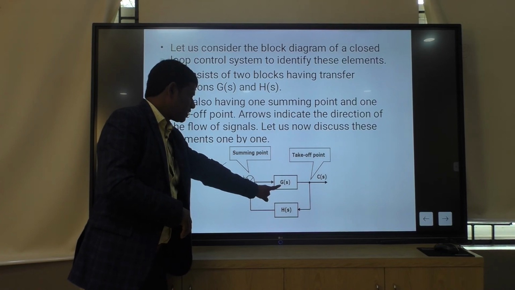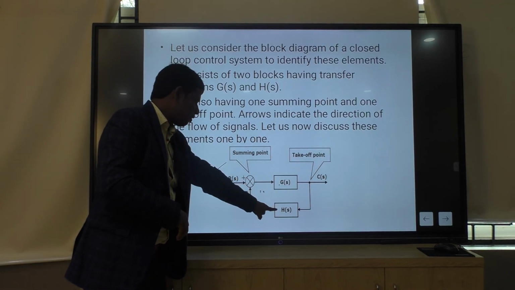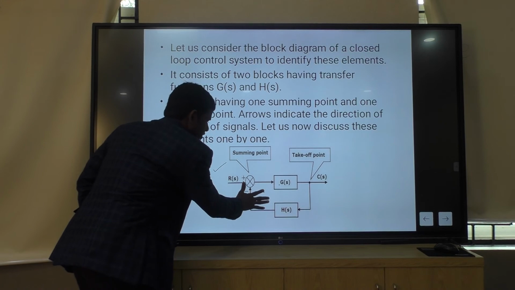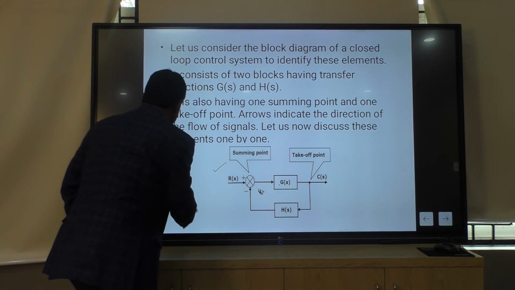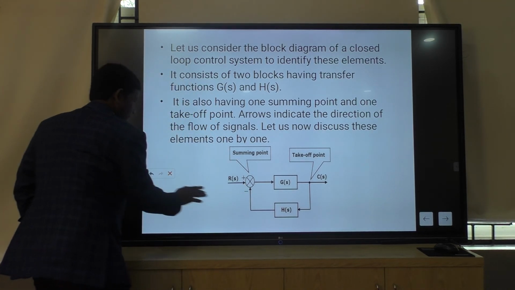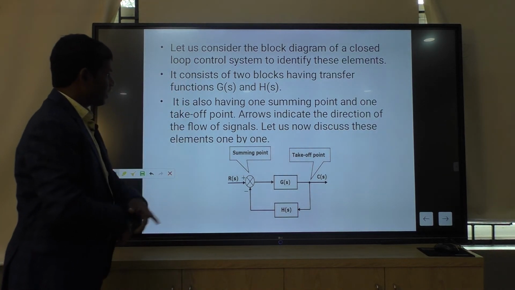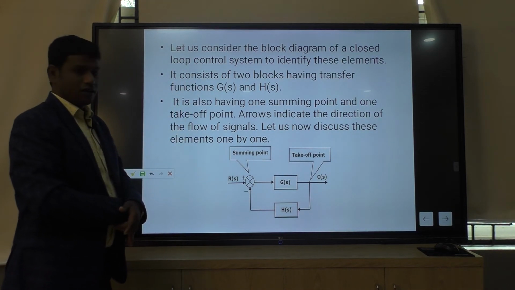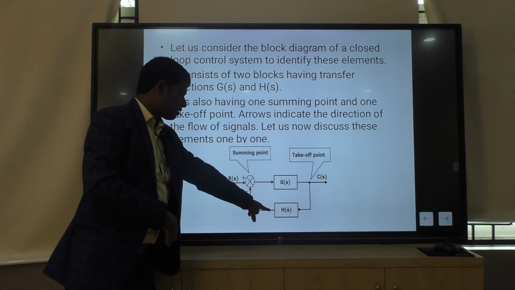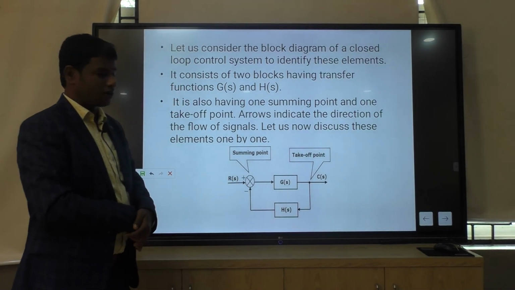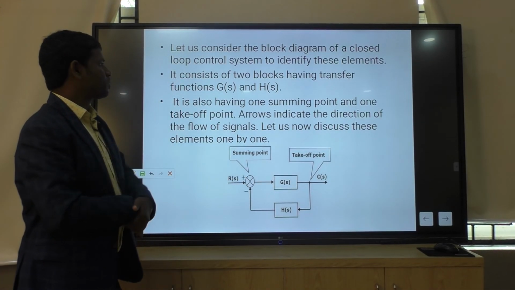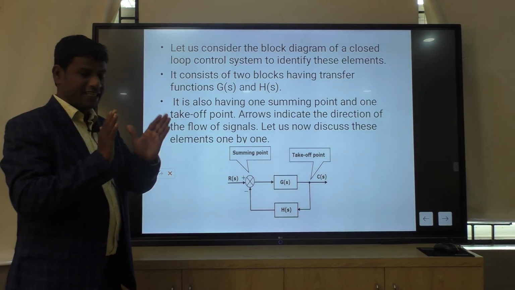One block has the transfer function G(s), and the second block contains the transfer function H(s).